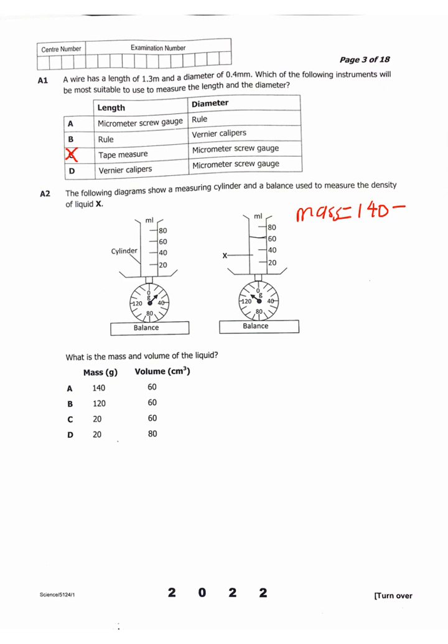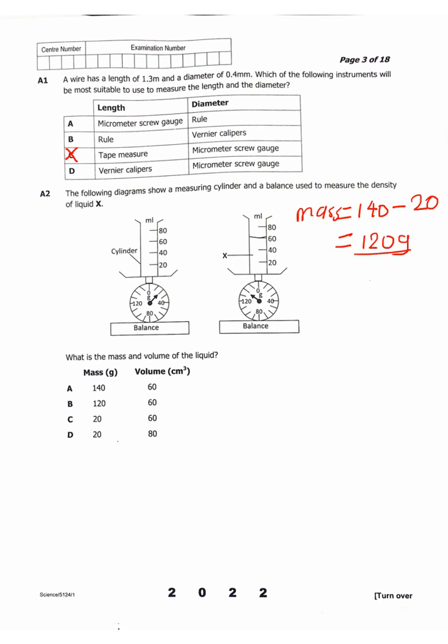Then the mass of that empty beaker, we said, was 20 grams. So if we subtract 20 grams of an empty beaker from 140, we get 120 grams.